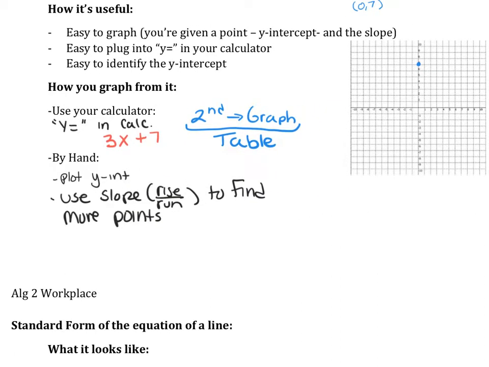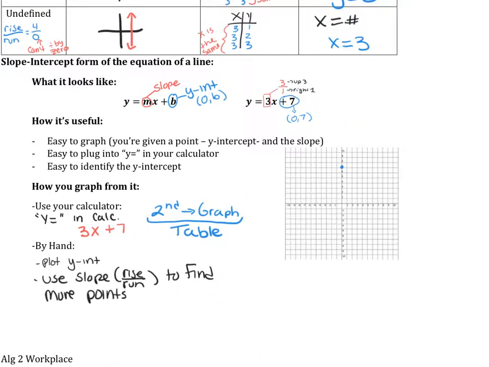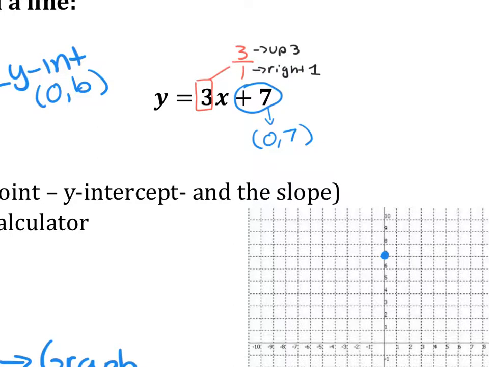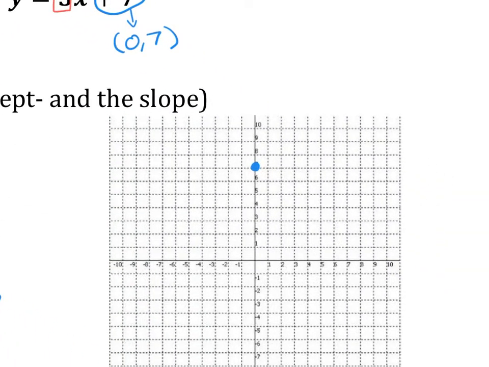Okay, so if we start at our y-intercept, we set our slope up here. It was 3 or 3 over 1. For rise over run, you would go up 3 since it's positive, and right 1. So we go 1, 2, 3 over 1.